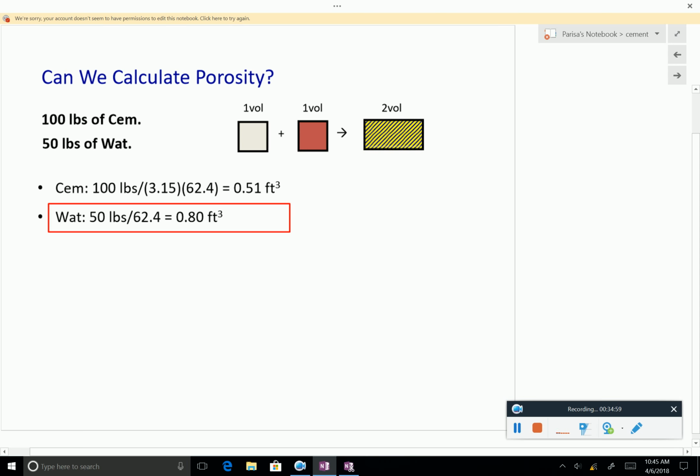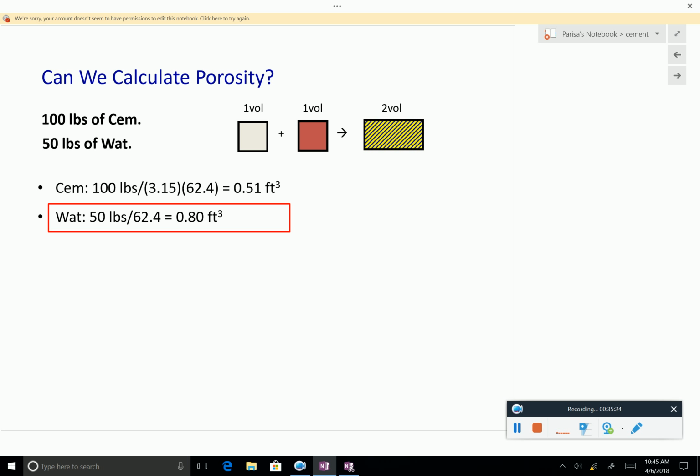How about water? And 62.4, we all know what that is. It's just the density of water in the right unit.